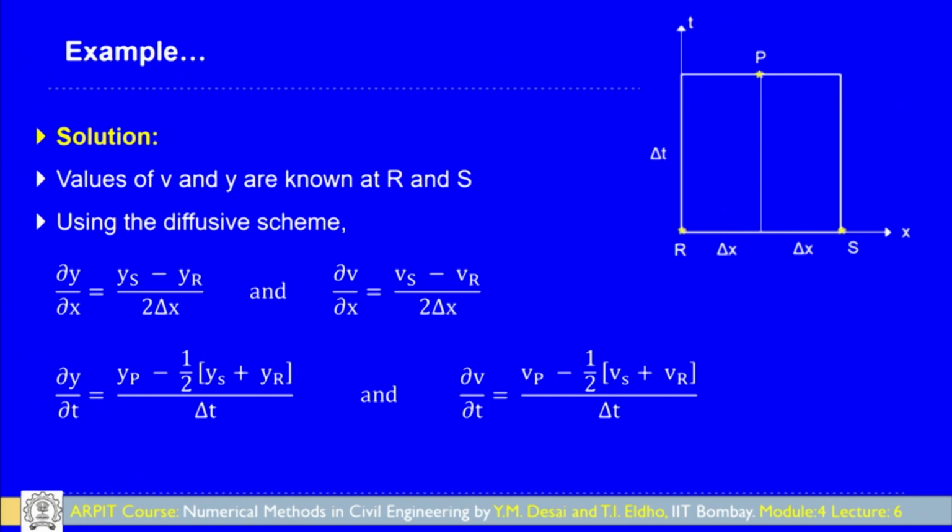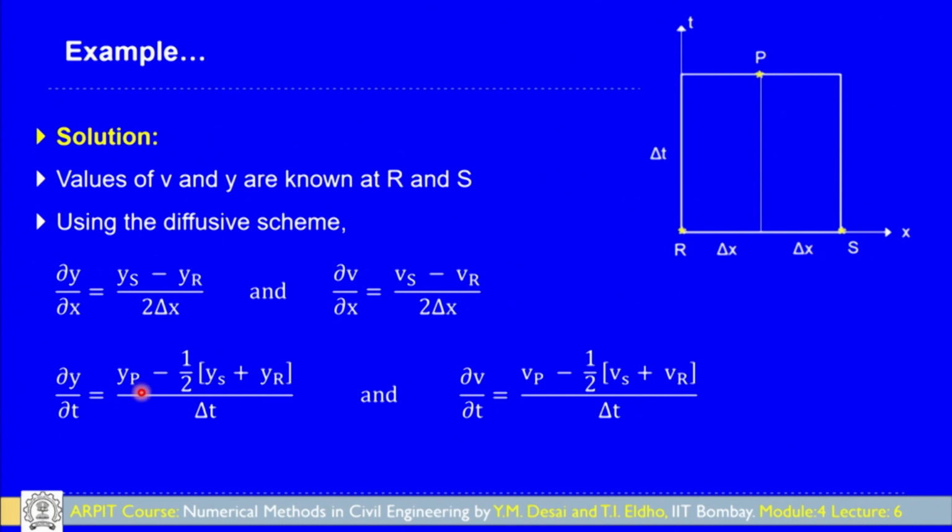As we have already seen the explicit diffusive scheme, ∂y/∂x we can write, with respect to this figure, as (ys − yr)/2Δx, and ∂V/∂x can be written as (vs − vr)/2Δx. Similarly, ∂y/∂t we can write with respect to this.